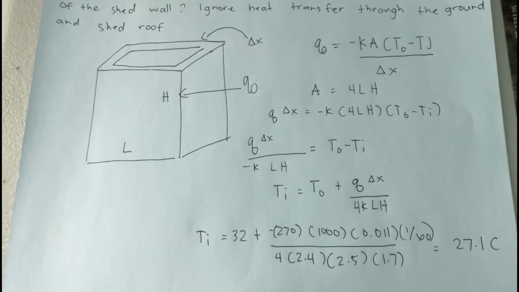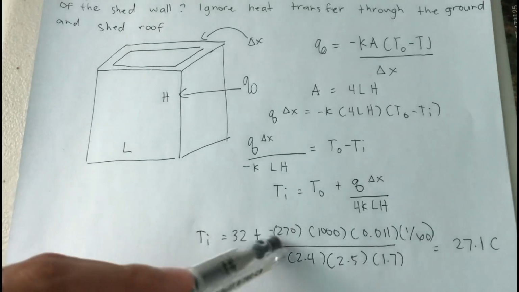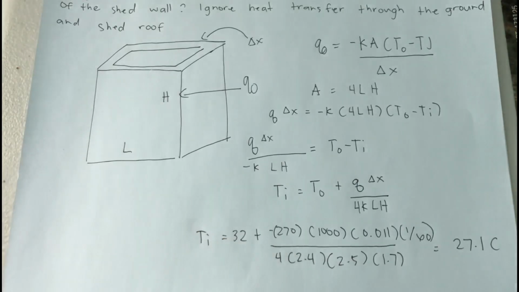So let's point out a couple of things that I did here. First, that 270 kilojoules of heat transfer every minute needs to get converted to watts. We're in kilojoules and we need to go to watts. So to go from kilojoules to joules, I multiply by 1,000.